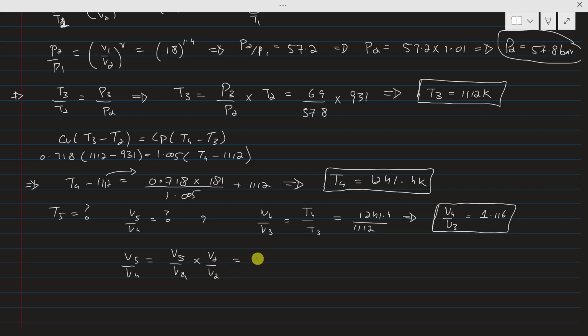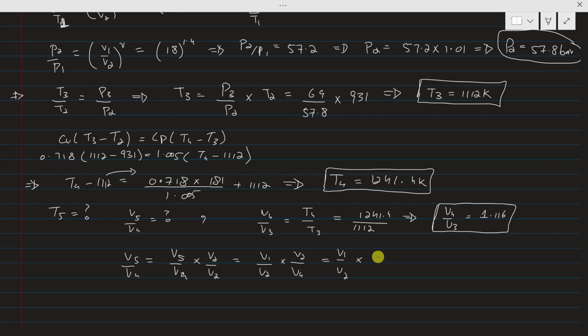So V5 by V4 is V1 by V2 multiplied by V2 by V4.